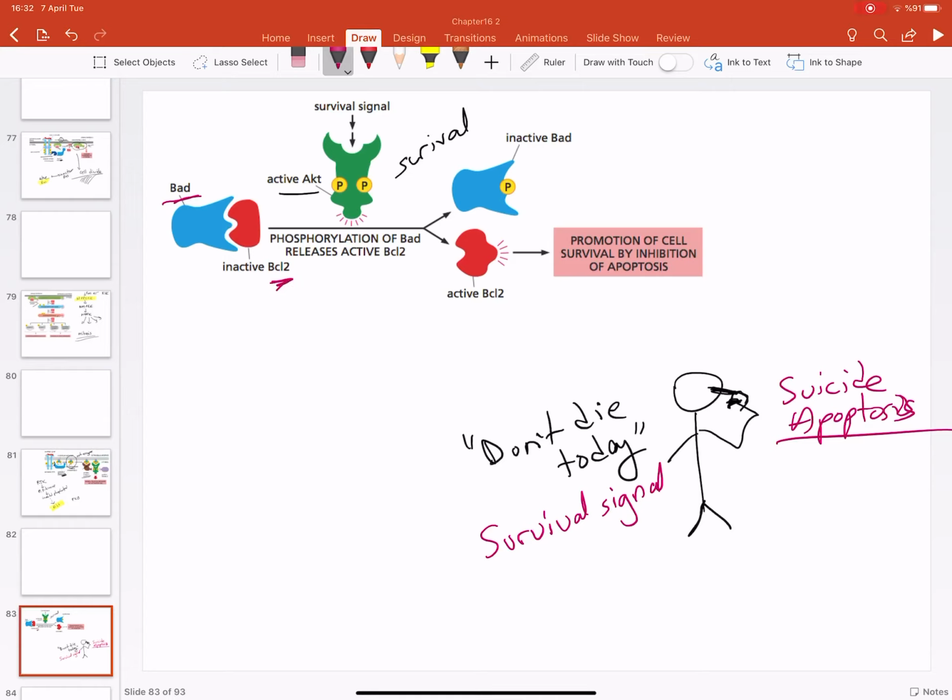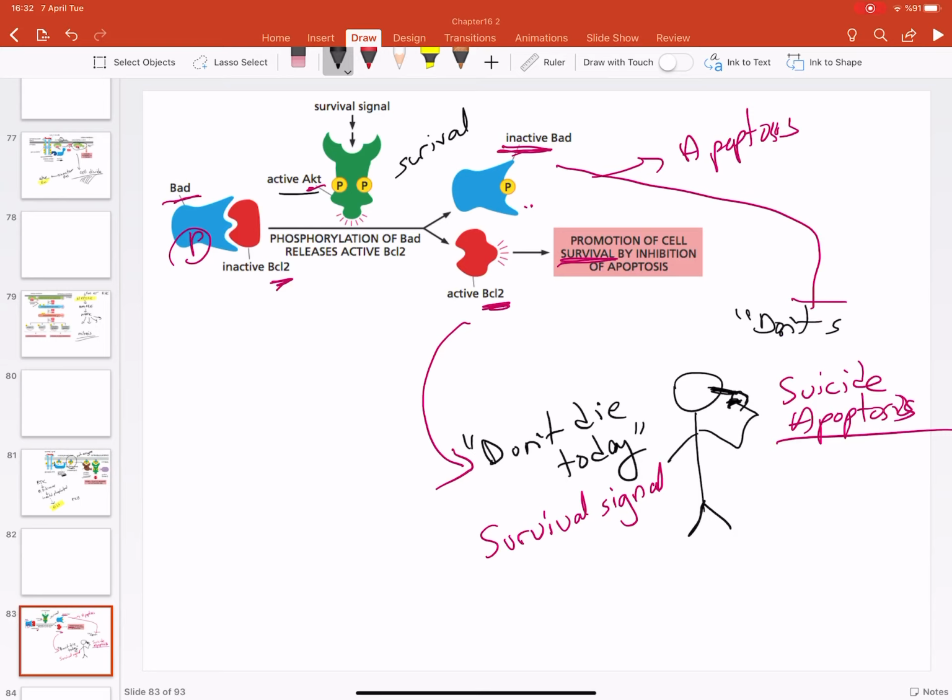And BCL2 is going to promote survival. So it is the signal, don't die today. Okay? And it is the signal saying don't suicide. AKT itself is important for survival, but when it is combined with other signals, it also means divide now.